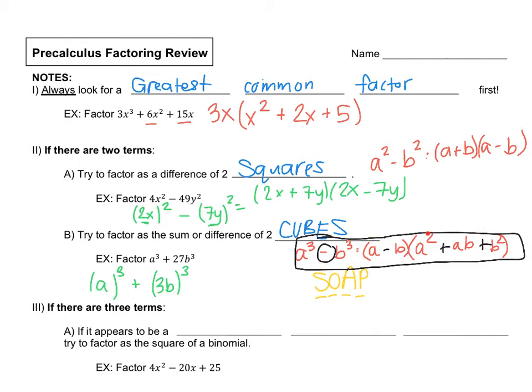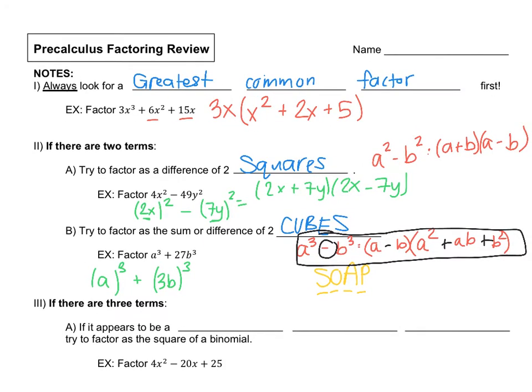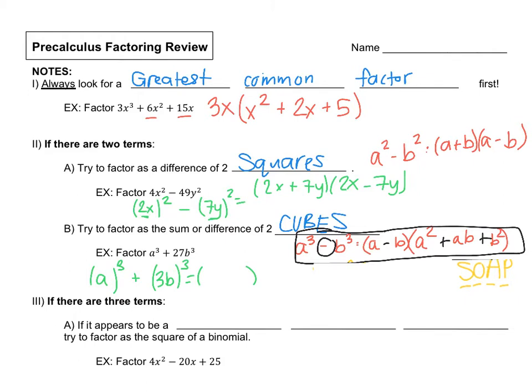One has two terms, one has three terms. So I'm going to write that in. Okay, so that would be my first term times my second term, and then my second one has three terms.